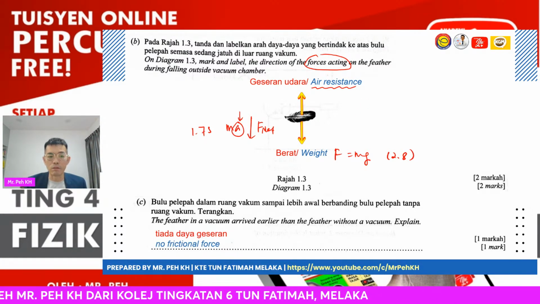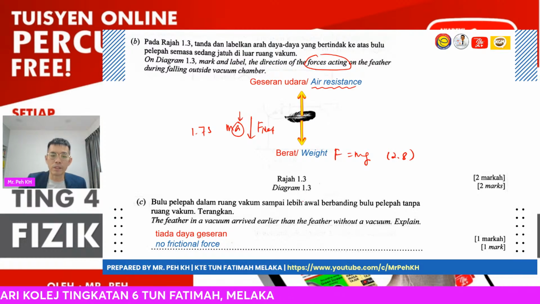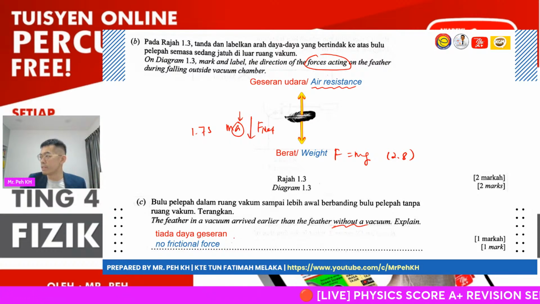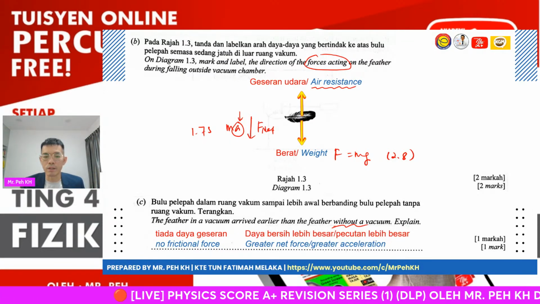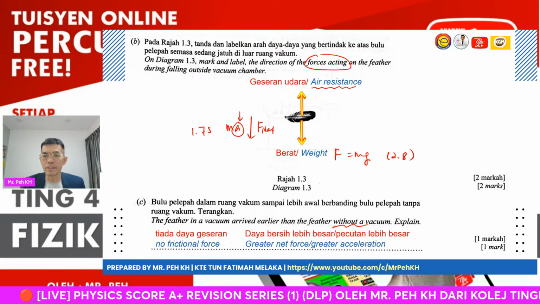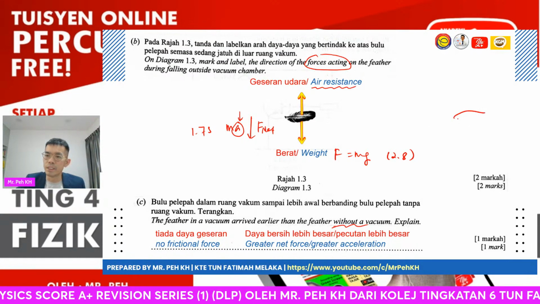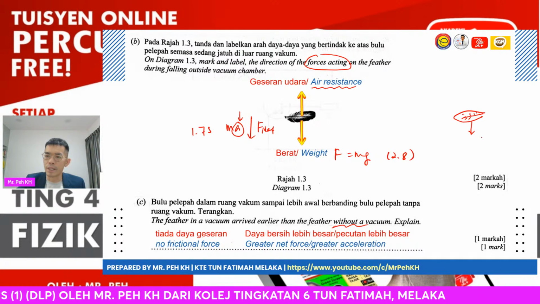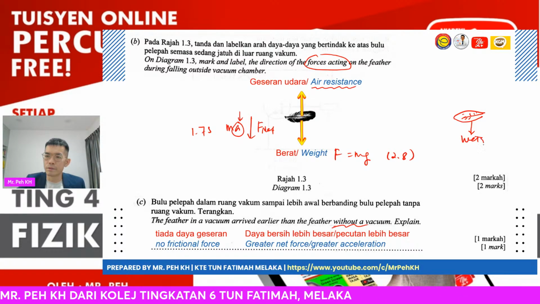Here you can give, because the feather in vacuum will have no frictional force or no air resistance. Another answer, as I mentioned just now: because the feather is in the vacuum, it will only be acted on by weight.